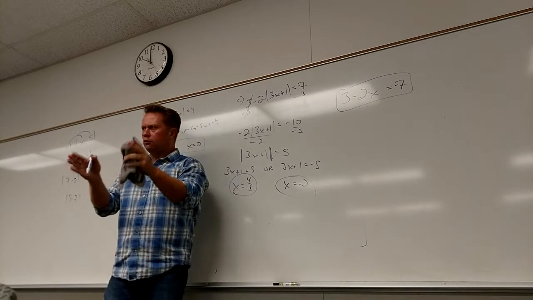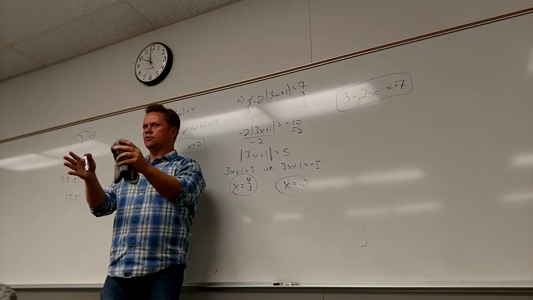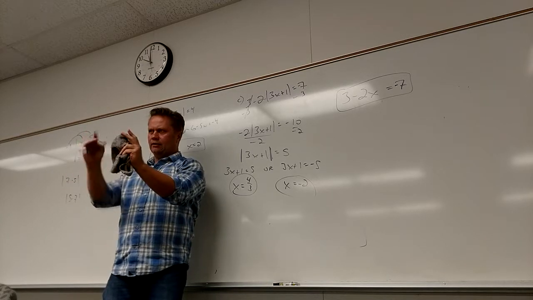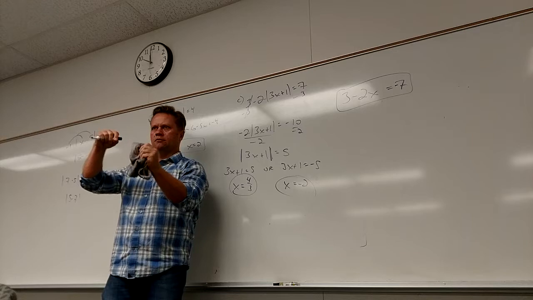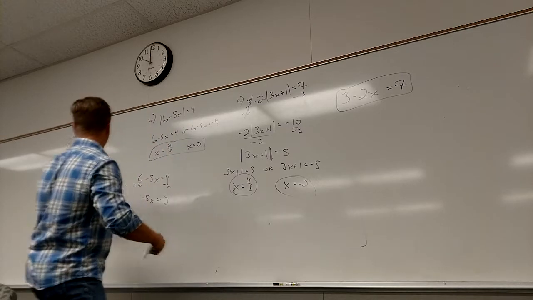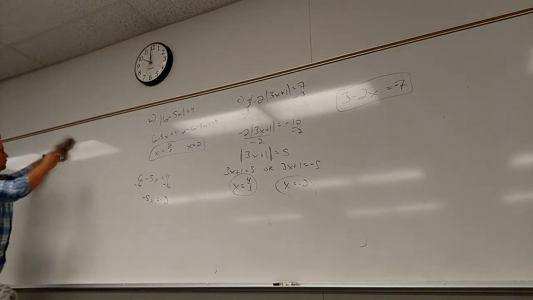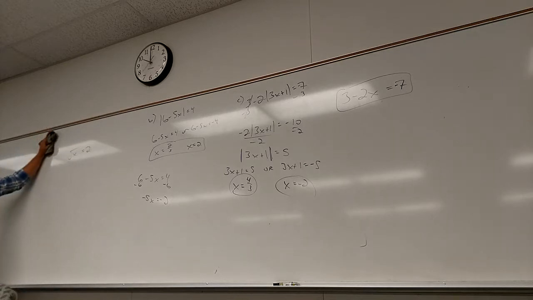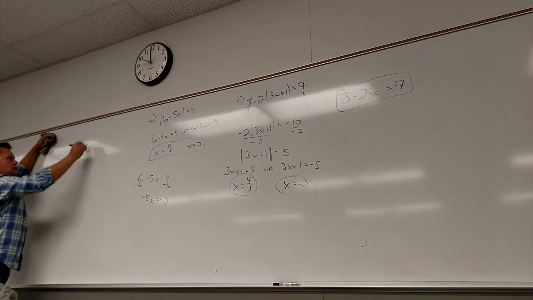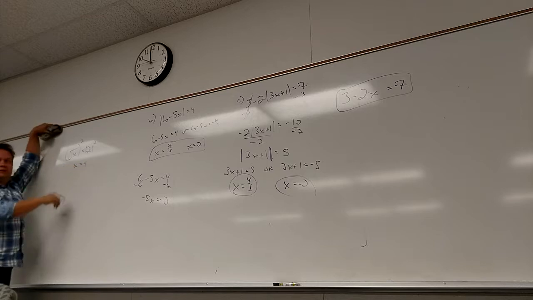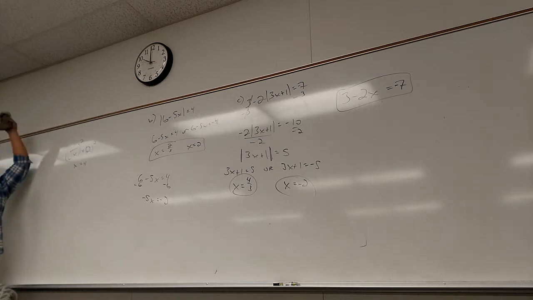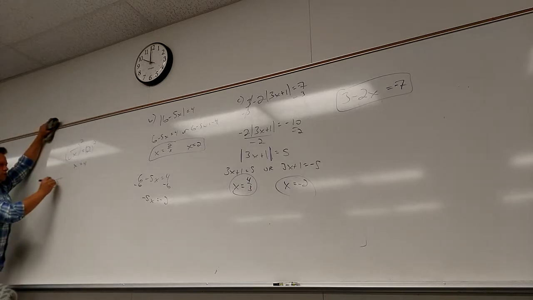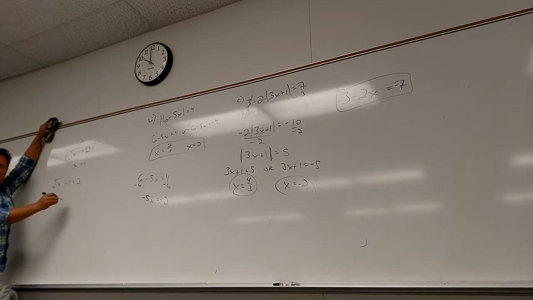So in general, when you're solving equations, you isolate the thing that has your variable in it. This is a little bit ahead of us, but some of you guys might know this. If I had square root of x equals 2, what do you think I would do to that to solve it? Square it, because that's the opposite of square rooting. So x is 4, and that makes sense because the square root of 4 is 2. But what if I had square root of x minus 1 equals 2?